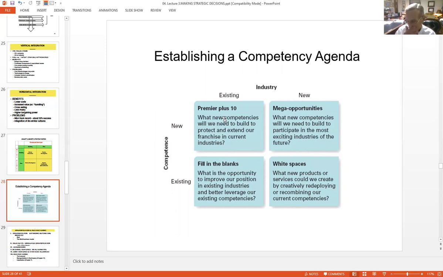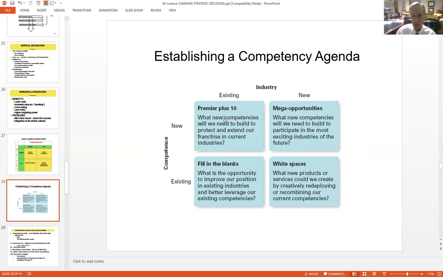Now, the white spaces, taking our existing competences and moving into another industry. And that's exactly what Deere did, because it took its diesel engine competences and lots of its manufacturing competences and really improved on construction machinery.